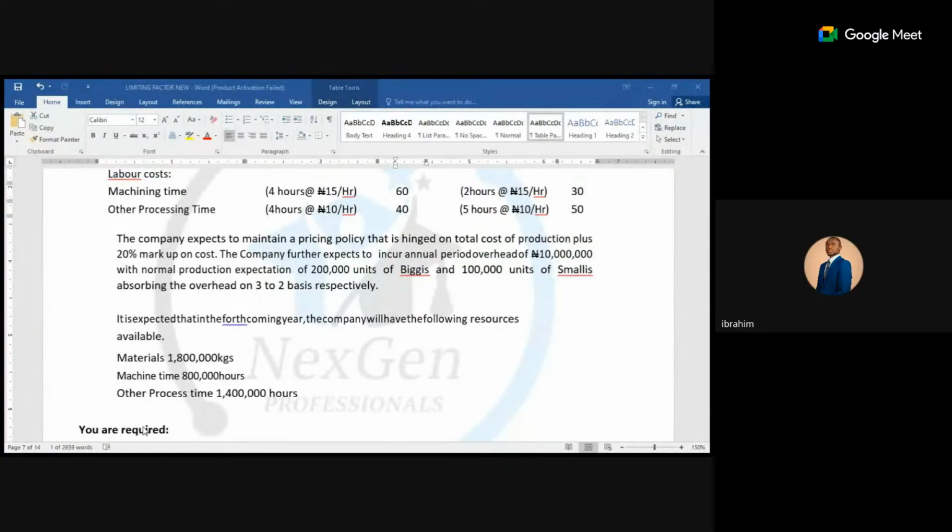You can see that in this question, the selling price is not given to us, but there is a company policy that states that when you want to determine the pricing, it will be on the total cost of production plus the 20% markup on cost. Meaning that we should not forget the pricing.